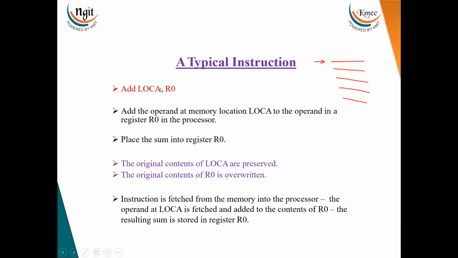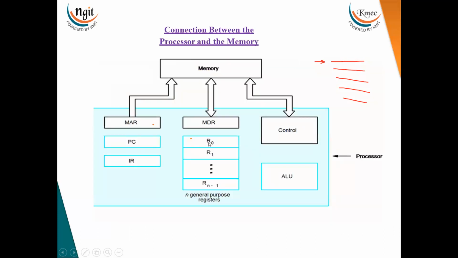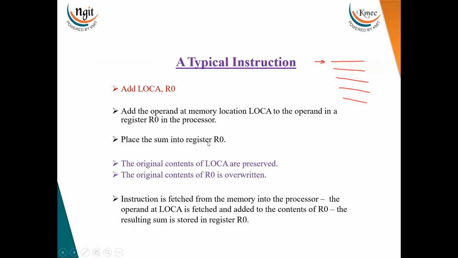We are adding the content in this memory location with the content in this register. Here you can see R0 is a general purpose register. Whatever data is in this register, we are adding it with the data at the location. For example, LOCA is one more separate location which is not included in this program. Whatever data is in that location, we are adding it to the R0 data.